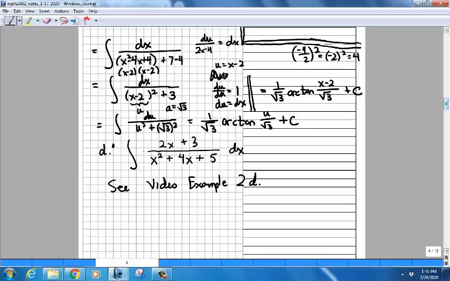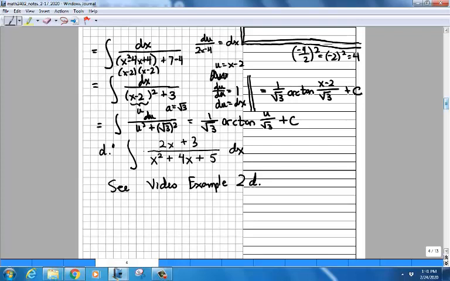But I'm looking at the denominator, x squared plus 4x plus 5, and I'm thinking it would be nice if I could just substitute for the denominator. So if I could just let u be x squared plus 4x plus 5. But that's really only going to work well if the derivative of that turns out okay.